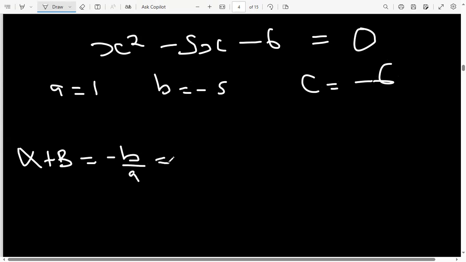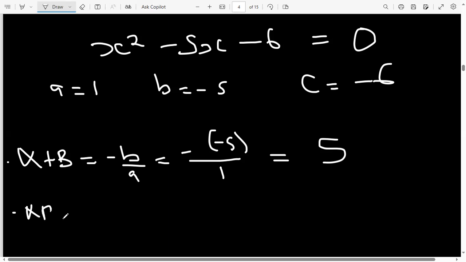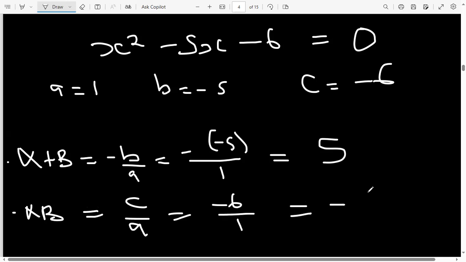So where there's b, we put minus 5, divided by a, which is 1. So this will just be 5. This is the sum. And then the product will be alpha multiplied by beta, which is given by c over a. This is just going to be c, which is minus 6, divided by 1, which is a. And this is going to give us minus 6.